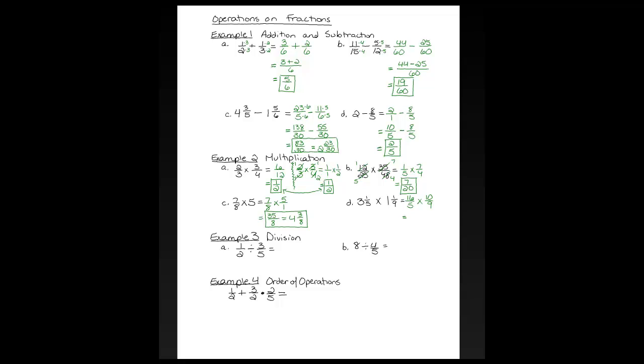We have a 5 in the denominator and a 10 in the numerator. Both are divisible by 5. So we'll simplify those a little bit, then multiply straight across. 16 times 2 is 32. 1 times 9 is 9. So we have 32 ninths, which is the same as 3 and 5 ninths.